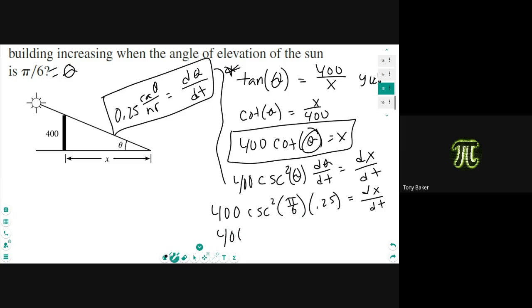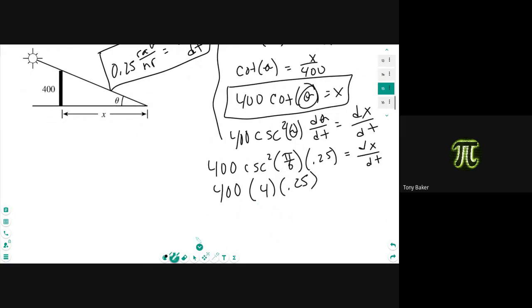So I have 400 times 4. So dx dt. So the shadow is growing at 400 feet per hour.